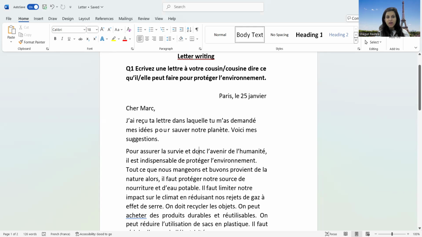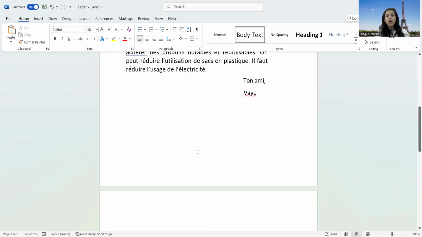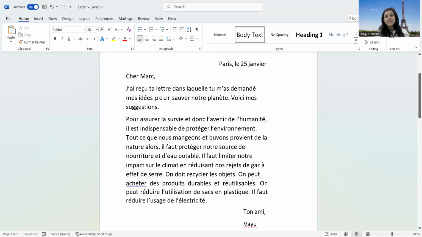That's the topic: how your friend can save the environment. Please remember one more thing. This letter is all about telling your friend how he or she can protect the environment. We can also get a letter where you are asked how you can protect the environment. That letter will be in the je form. This letter is all in the form of you should do this, or one should do this, it's necessary to do this.